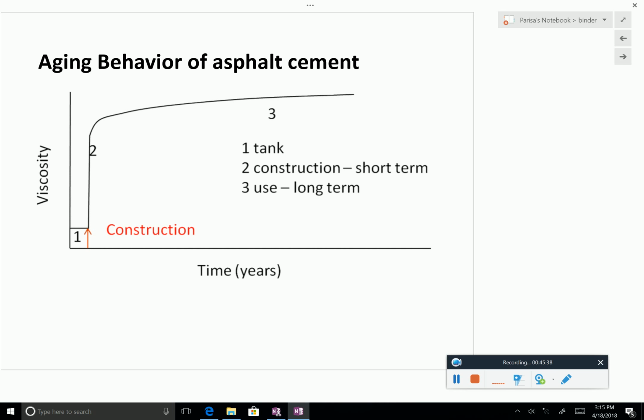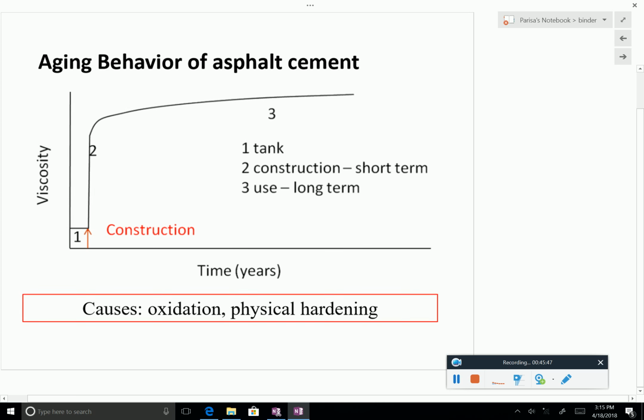We can think about 3 phases. In the beginning, you will start with a certain viscosity. During construction, there are short-term changes, but they are dramatic. Why is it that way? Because during construction, the material is typically exposed to very high temperatures, and also it's exposed to a lot of air.